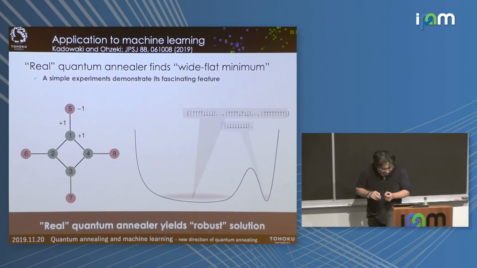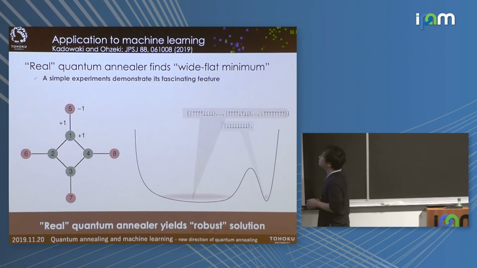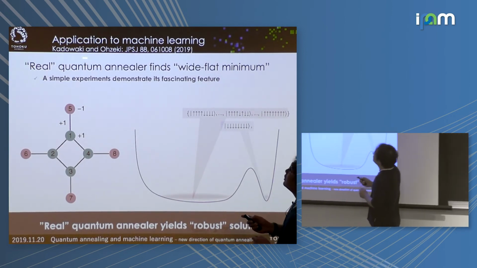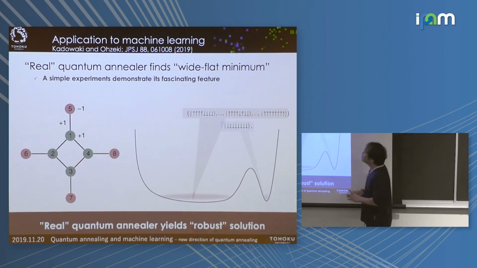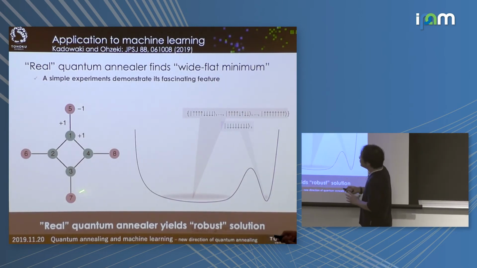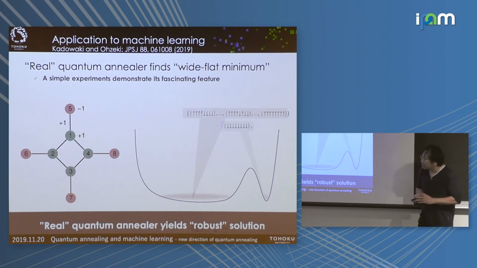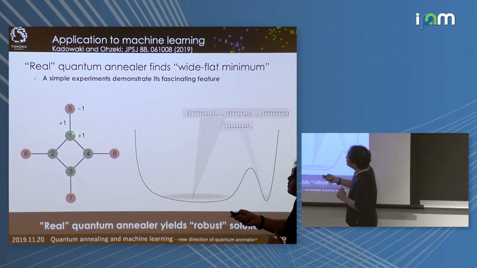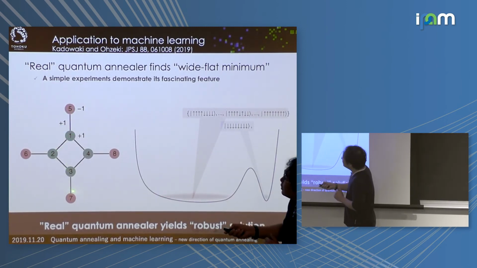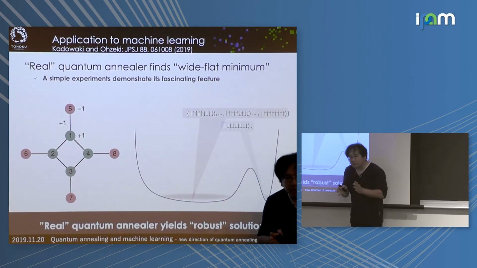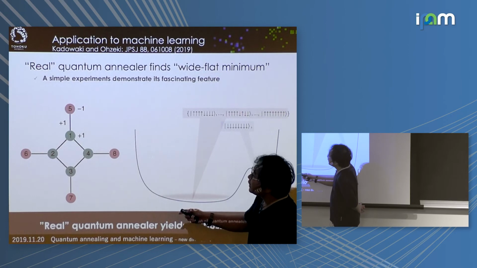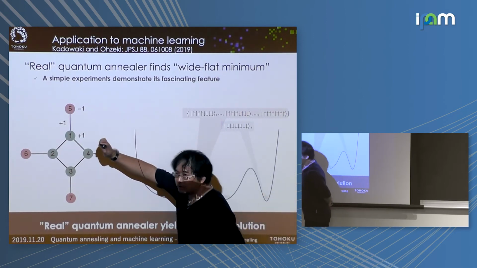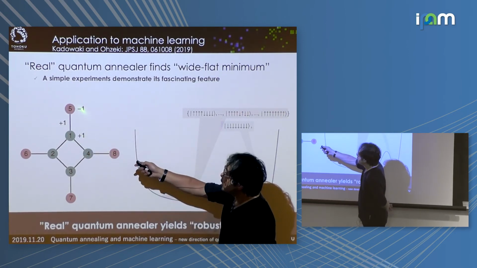By the way, how does a real quantum annealer behave? This is a very simple optimization problem. This line denotes the ferromagnetic interactions between the different spins. Then we apply the magnetic field in the up direction and down direction.